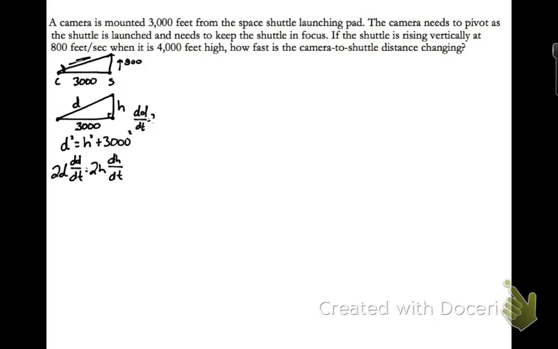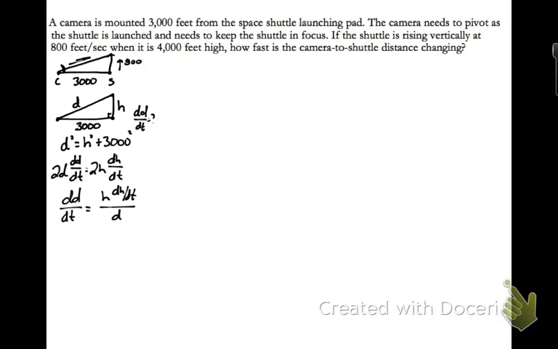Or if I solve this for dD/dt, the rate of change of the distance, I will have H times dH/dt divided by D, because the 2's divided out.